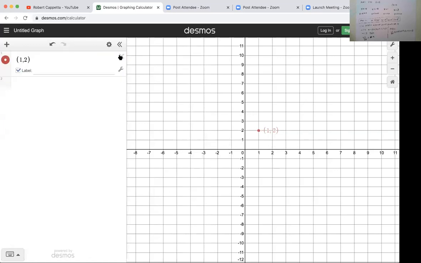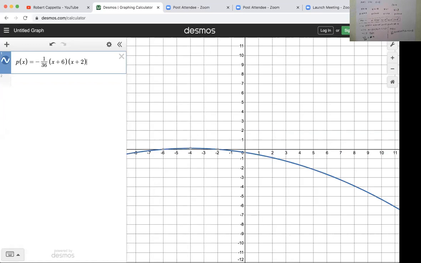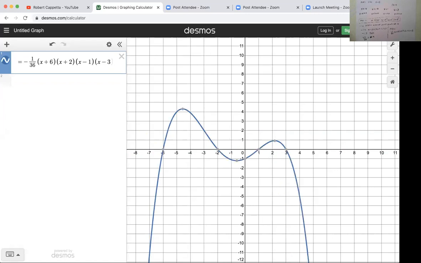So we'll erase what was there before. So now I have -1/36 and then I have x plus 6, x plus 2, x minus 1, x minus 3. How does that look?